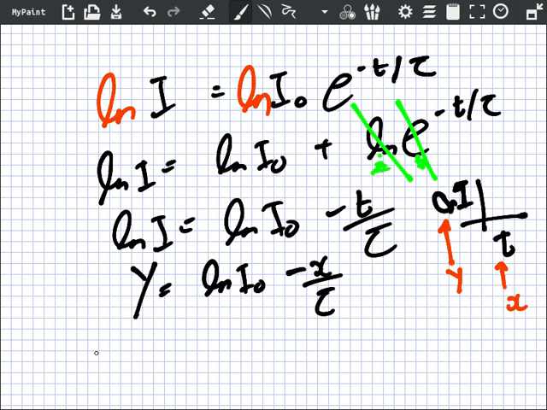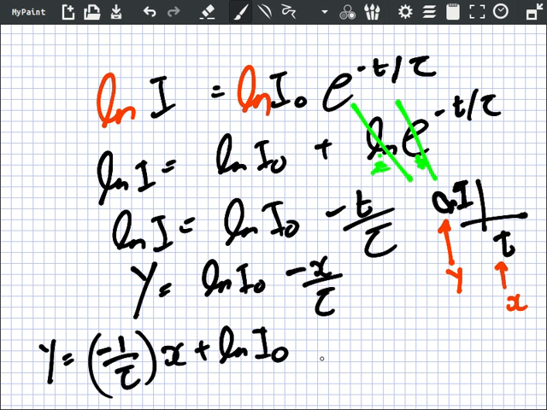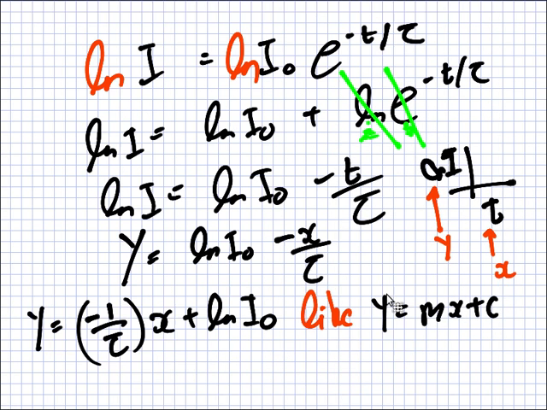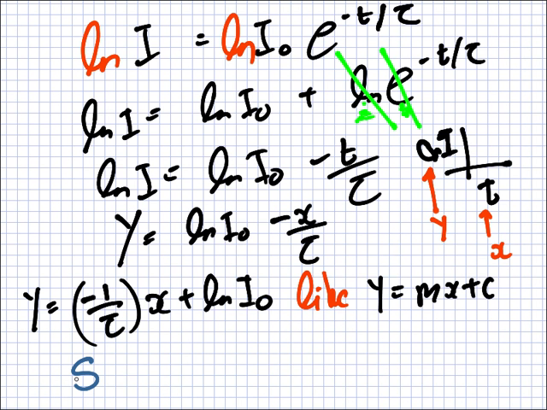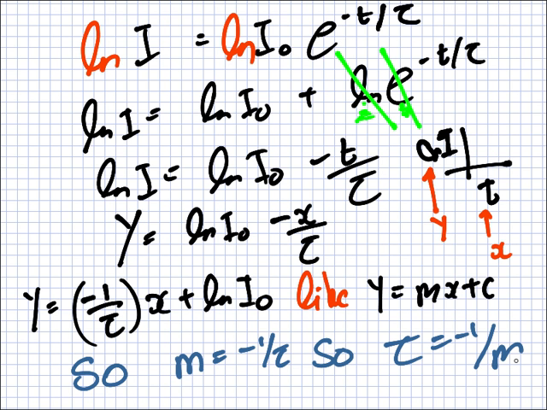So you can write this as y equals minus 1 over tau x plus log I0. And this is like y equals mx plus c. So m is equal to minus 1 over tau. So tau is equal to minus 1 over m.